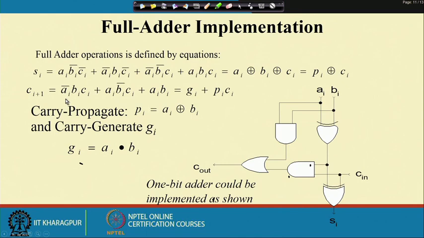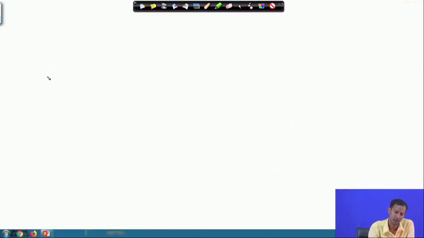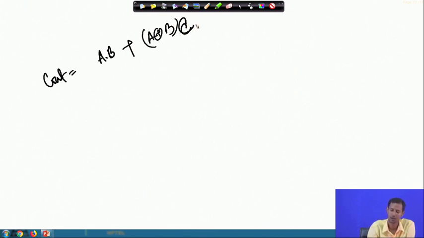So, now for the carry output bit, I said that one logic for carry output is AB plus BC plus CA. Another logic for this carry output bit is AB plus A XOR B into C, or C in. Okay.